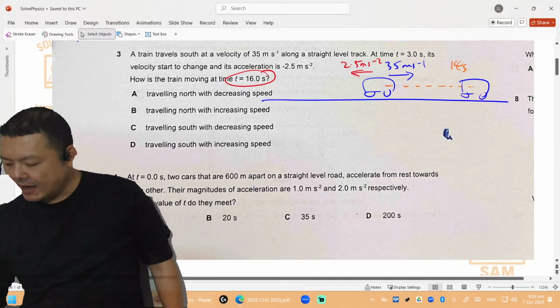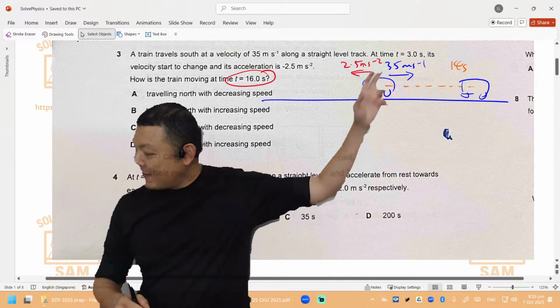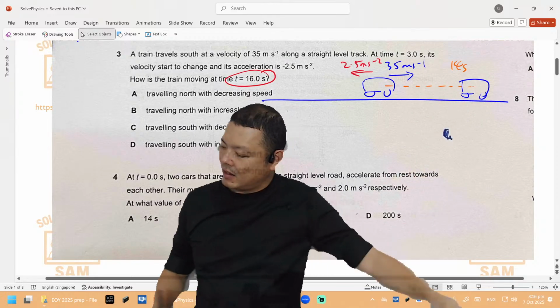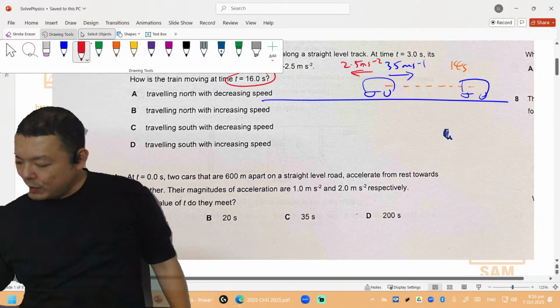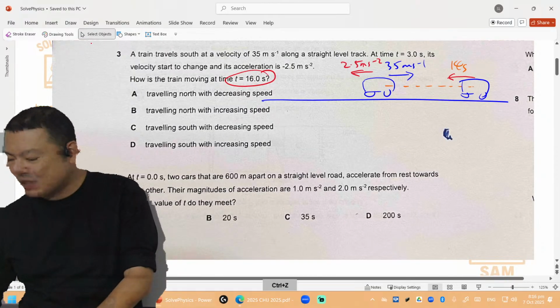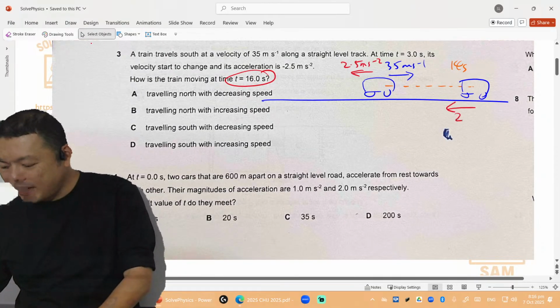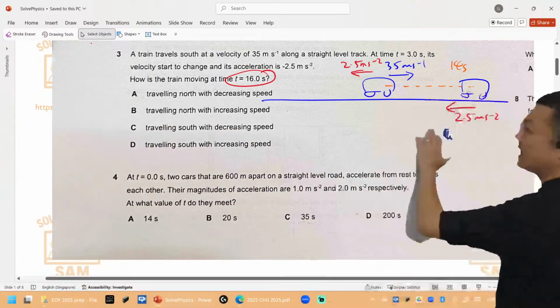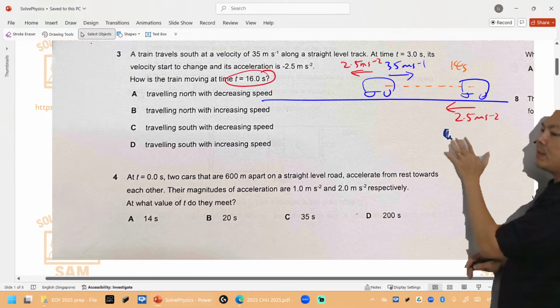And furthermore, after 14 seconds, the acceleration is still towards the left, because they say this acceleration is being applied constantly at negative 2.5 meters per second squared. It's not like once it stops, there's no more acceleration.